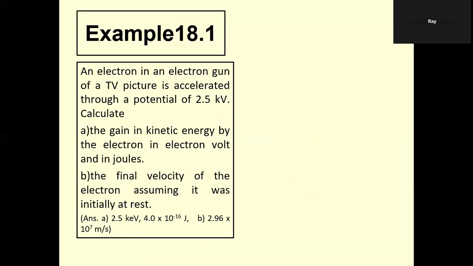Okay, try this question. An electron in an electron gun of a TV picture is accelerated through a potential difference of 2.5 kilovolt. Find the gain in kinetic energy in electron volt and in joule.